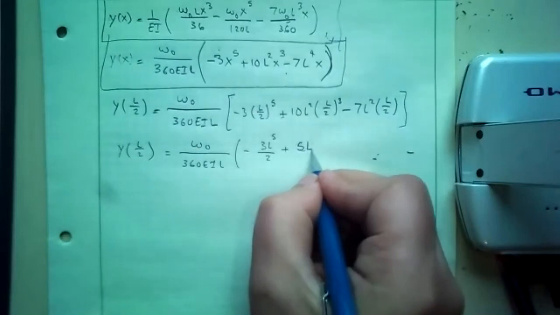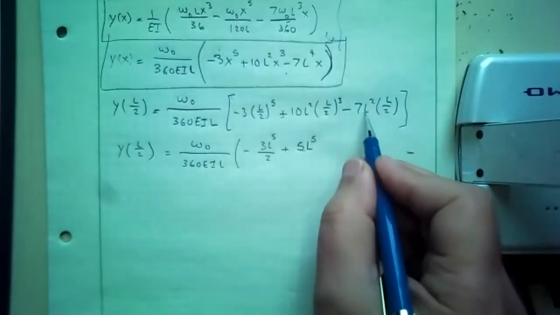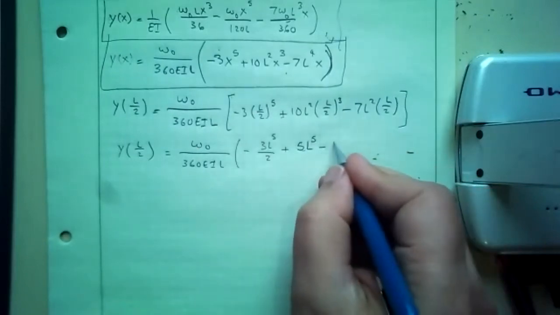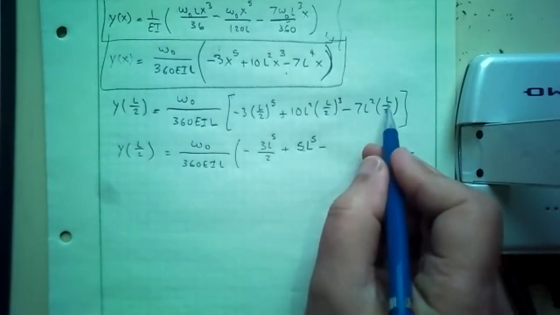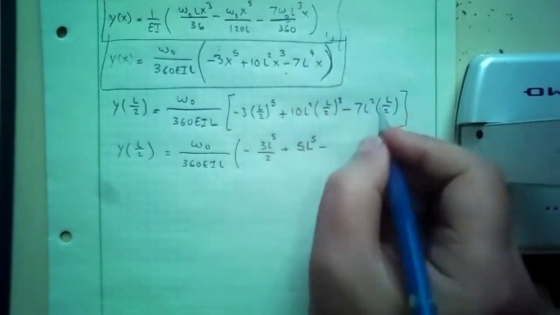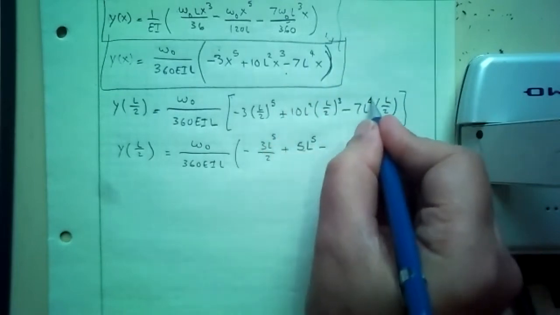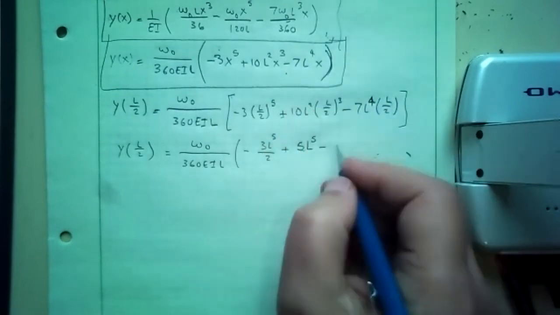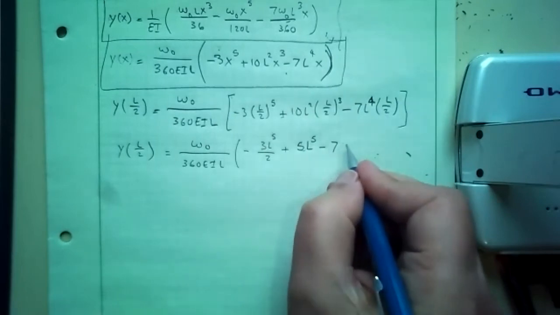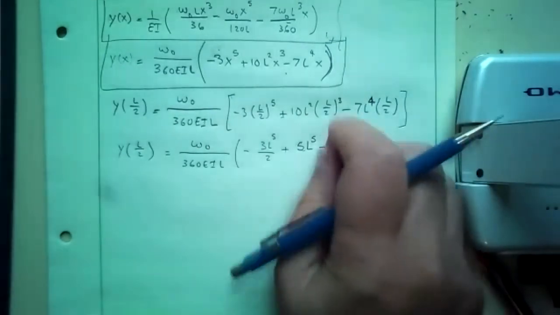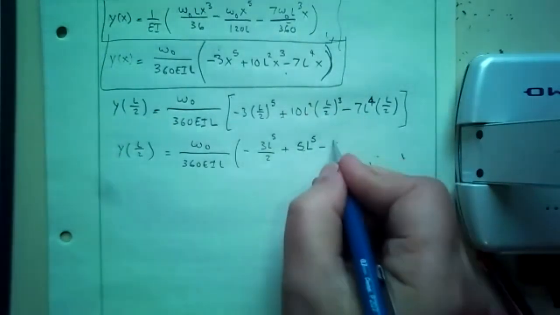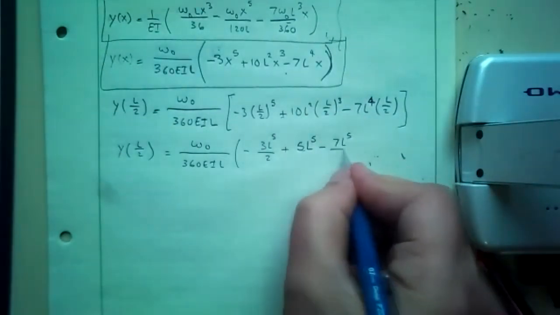And then this is L to the 5th. And then this becomes minus 7. This is L to the 4th. Okay, so this is 7 over 2. Seven L to the 5th over 2. There we go.